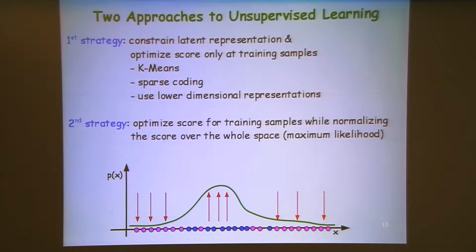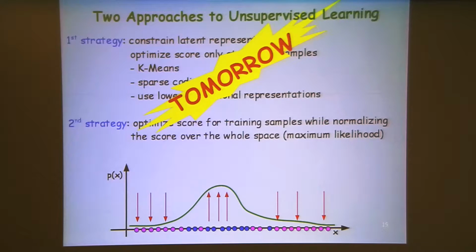And therefore, you satisfy that first principle, which was to give lower energy or higher probability to training samples than other data points. So in today's talk, I'm going to focus on a method that is probabilistic, that uses this second strategy, while tomorrow I'm going to talk about another method that instead uses the first kind of approach.